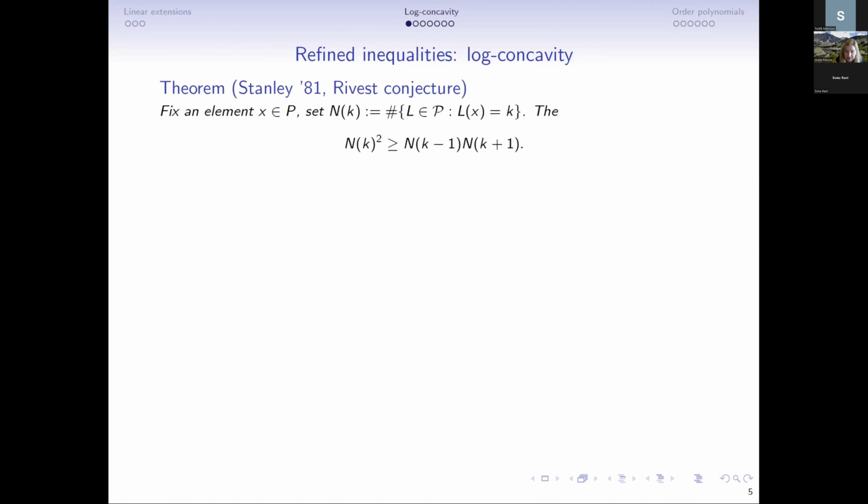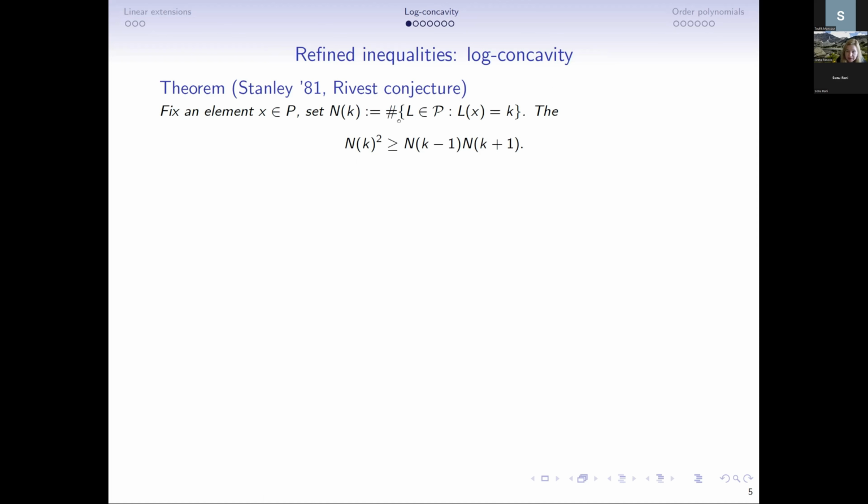The type of ingredients that showed up are the following log concave inequalities. One is due to Richard Stanley from '81, where he was using Alexandrov-Fenchel inequalities from convex geometry, very not combinatorial in some sense, to prove this log concave inequality.